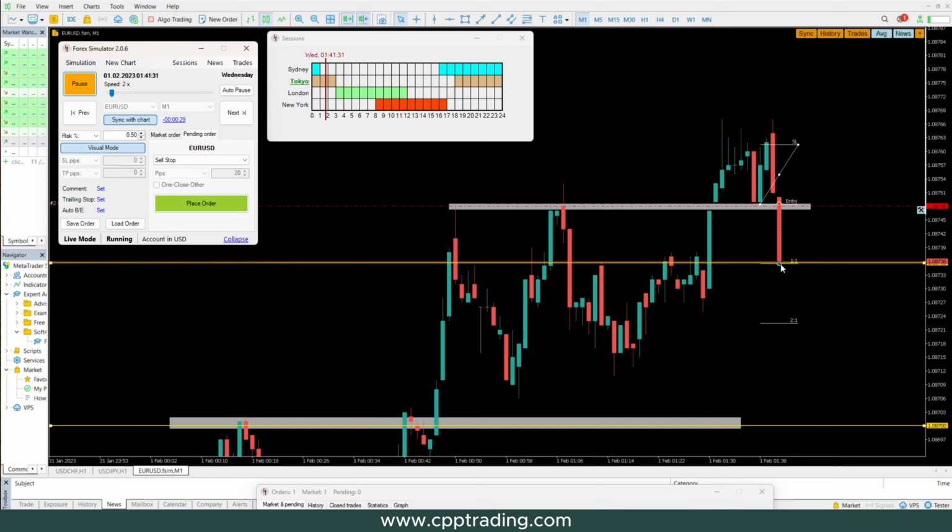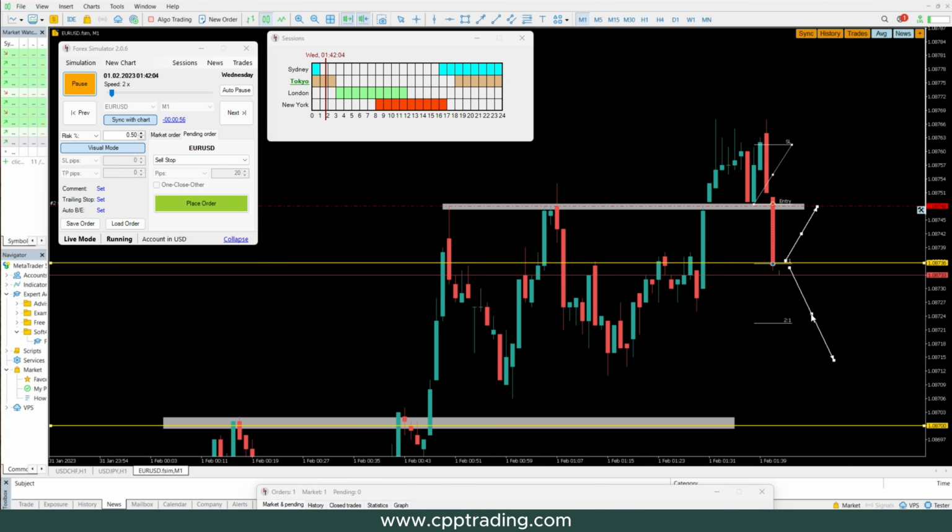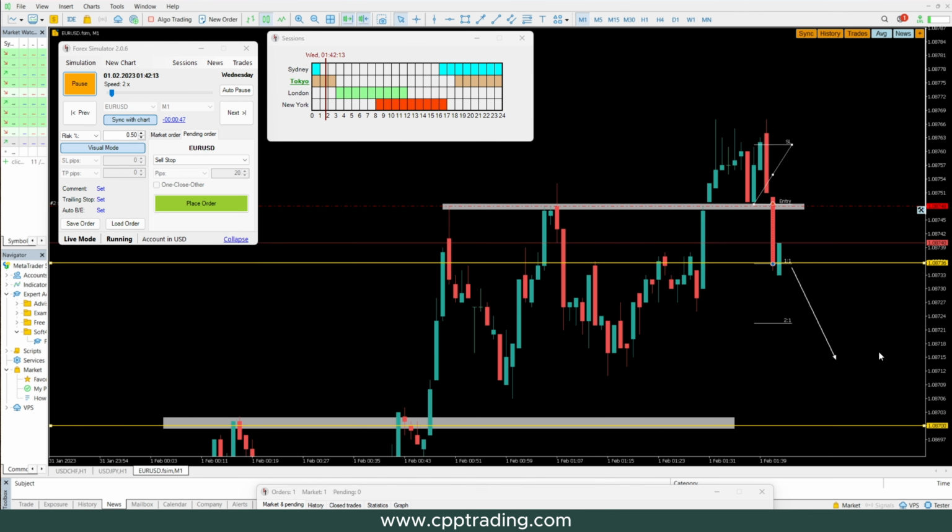We're exactly at the 1-to-1 ratio. Price has moved exactly how we anticipated it. And now the question is just, will we see a retest? Will price move back up again before it continues down, or will it have enough momentum to immediately move down?